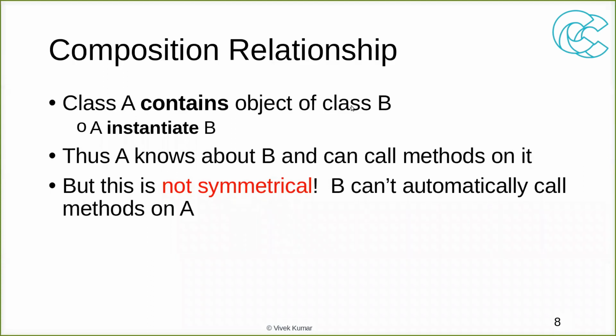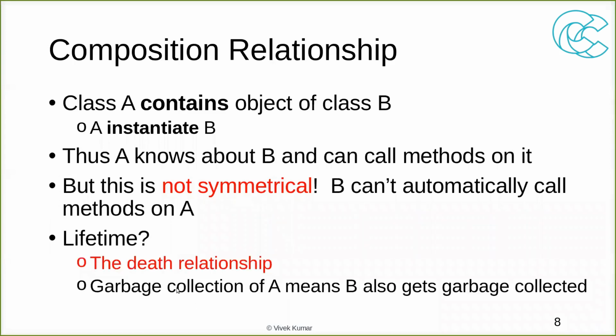Now, if you are instantiating B within the object A, then it's called a containership, right? Because apart from A knowing about B, it can call methods, and if A ceases to exist, then B also doesn't exist. I'll get back to this after showing you an example.